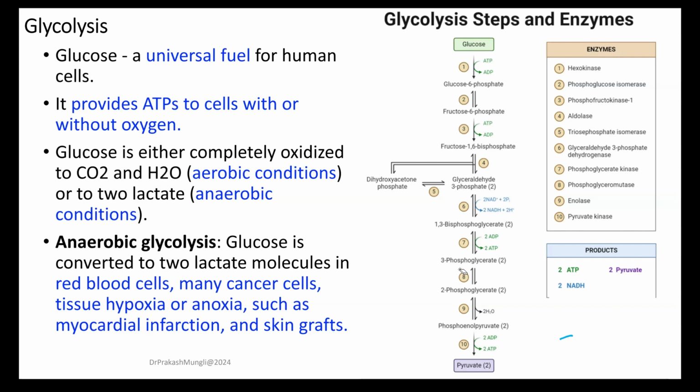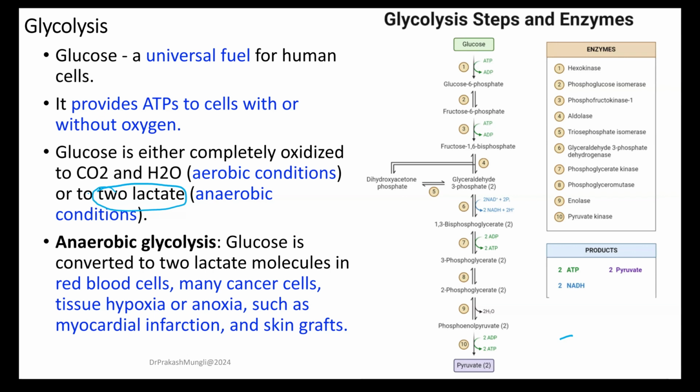Okay. So aerobic oxidation and anaerobic oxidation, I have written aerobic condition, anaerobic condition. So under anaerobic condition, as I have written here, the product is 2 lactate. 1 glucose gives you 2 lactate. That's the basic information that you should know. In the absence of oxygen, what is the end product of glucose? If somebody asks, it is lactate, 2 lactate.